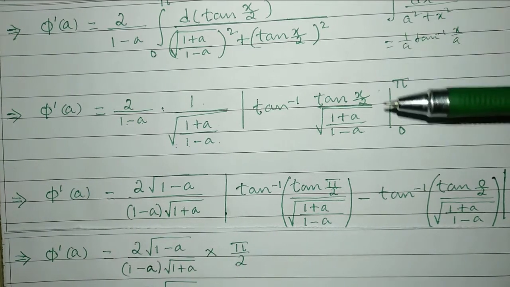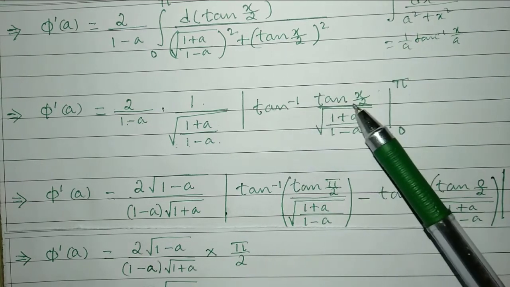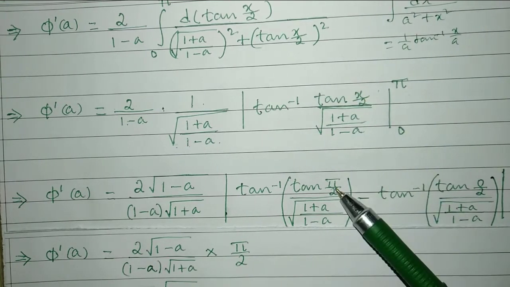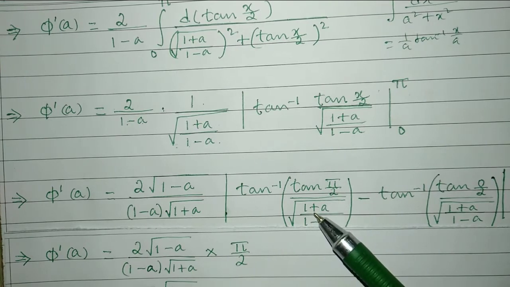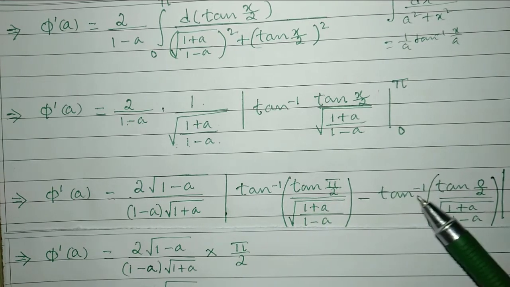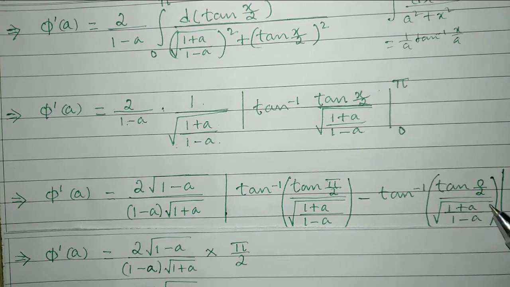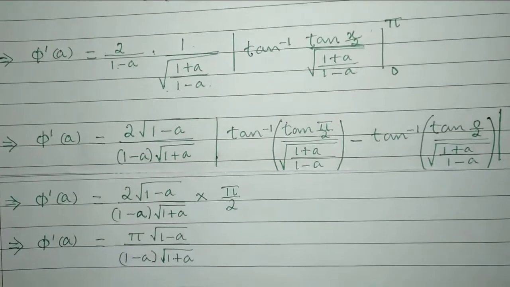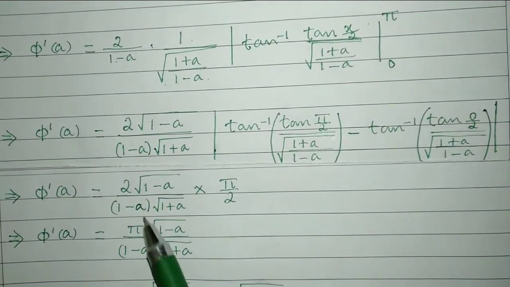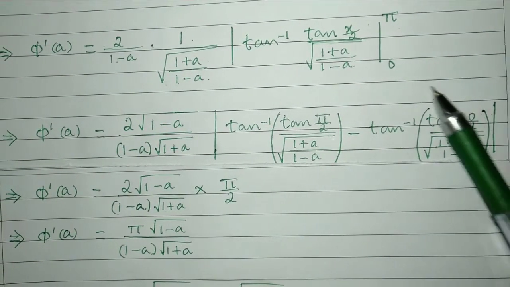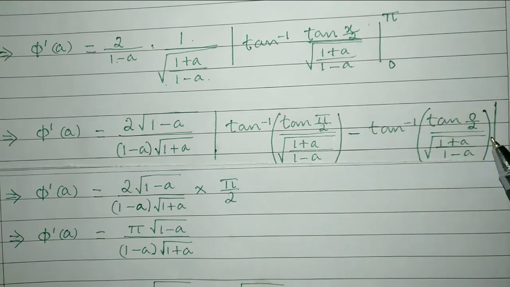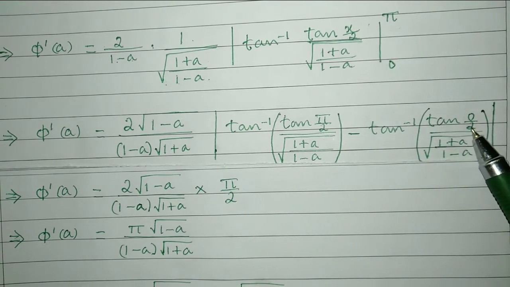Now you put the limits: tan inverse of tan of pi/2 divided by root over (1 + a) by (1 minus a), minus tan inverse of tan of 0/2 divided by this. Look here, this second part becomes 0, because tan of 0 is 0.